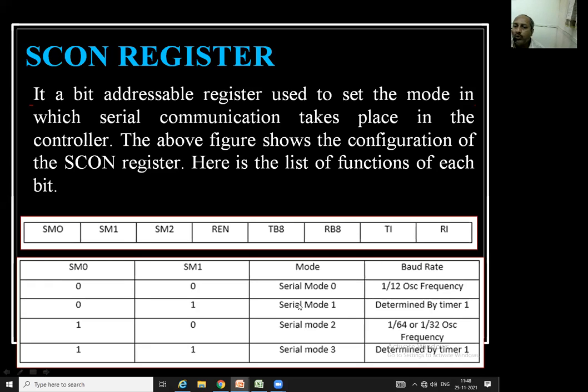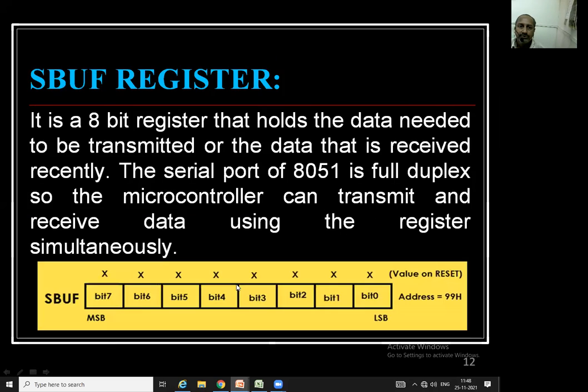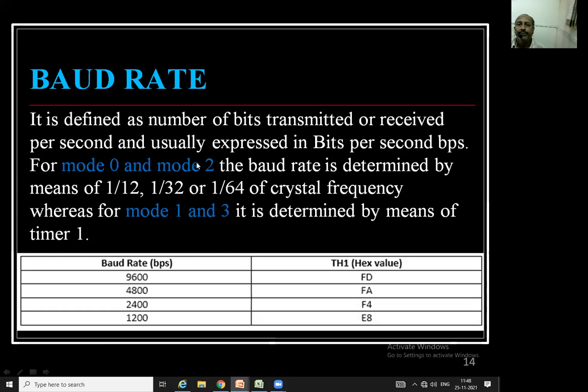But what about mode 1 and 3? Because these are maximally used. Mode 1 is used the most. Then how do we decide its baud rate? That is determined by the timer 1, and this is what we are going to see over here.